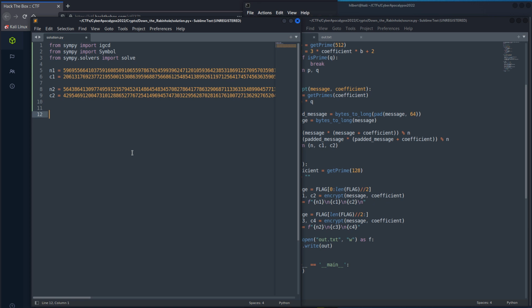And so we want to take the GCD of n1 minus 4 and n2 minus 4. And then, like I said, we know that it'll at least have factor 3, but any factors it's going to have are going to be small factors. So let's just go ahead and do it.